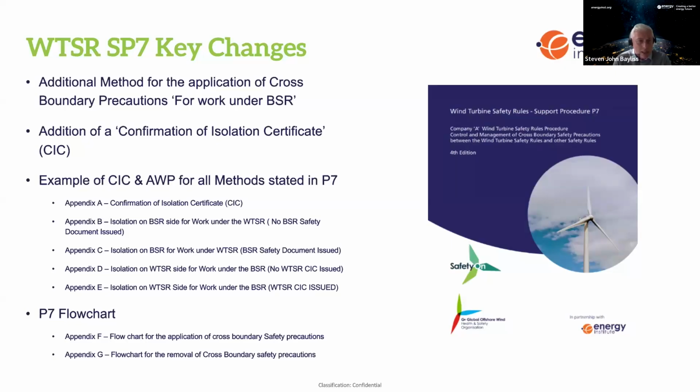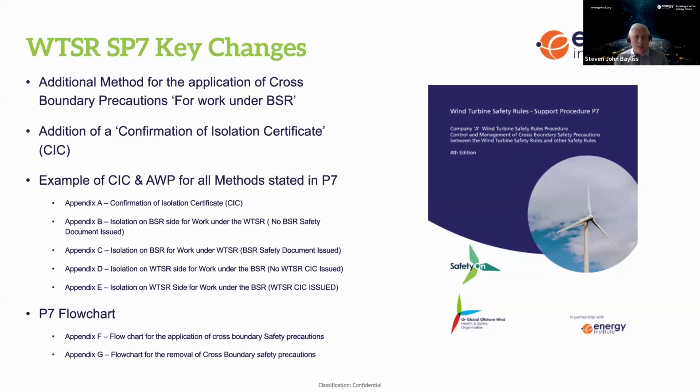Appendix A is an example of a confirmation of isolation certificate. So that could be used by the AEs when they are creating the documentation. Appendix B is an example of an AWP, but an isolation on the boundary side of work under WTSR, where no boundary safety rules safety document is issued.